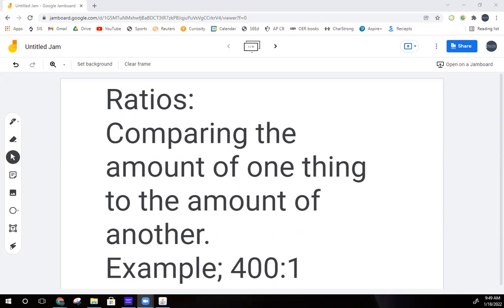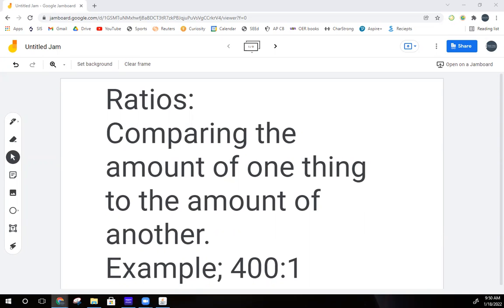Okay, so first of all, to understand what a ratio is, we need to look at the definition. A ratio is comparing the amount of one thing to the amount of another. An example here is 400 to 1. We use this in a lot of different scenarios.